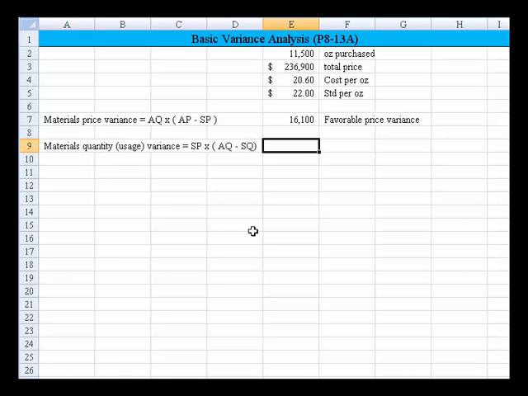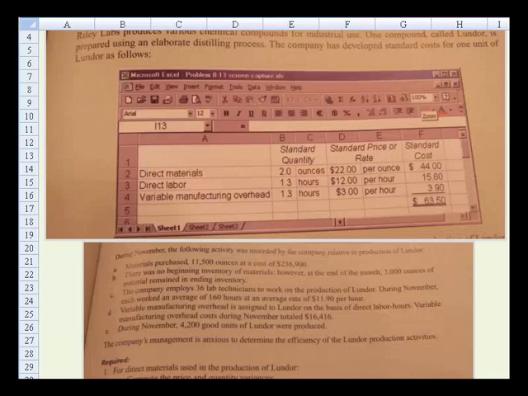Okay, so what do we know? The standard price, we can copy right from here, is $22. The actual quantity is 8,500 ounces, and here's how we know.